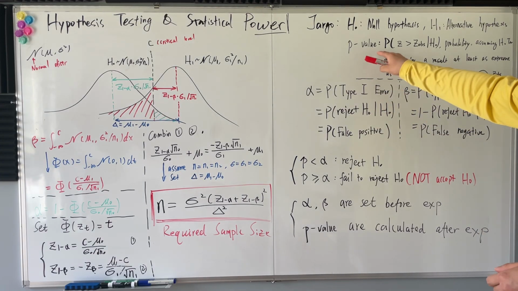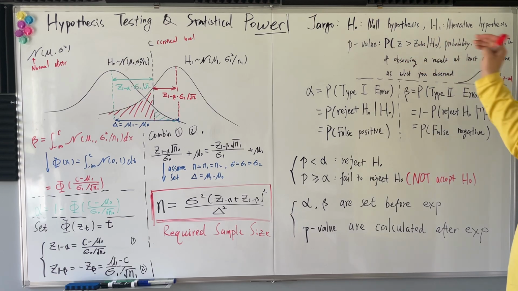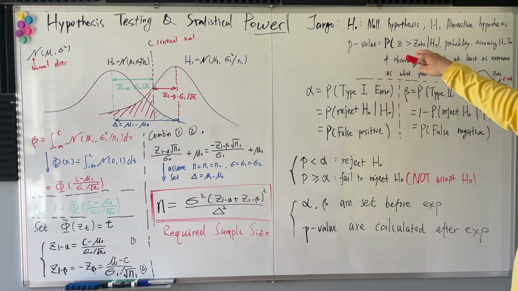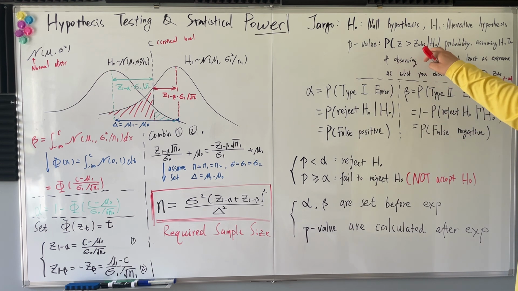And the p-value is a probability of the observation being greater than the result, under the expectation that the null hypothesis is true.